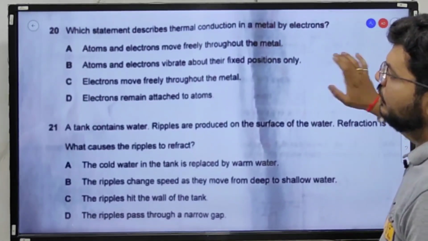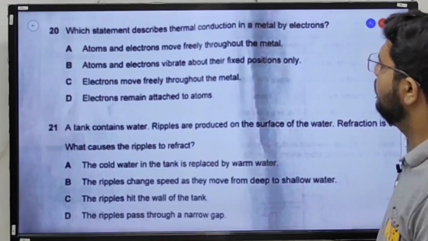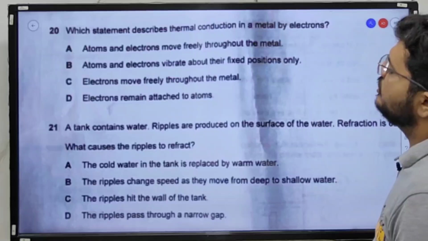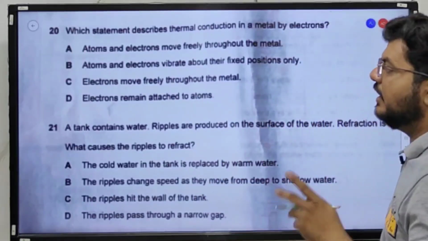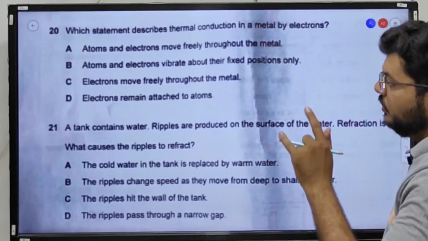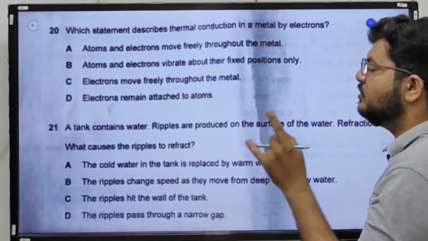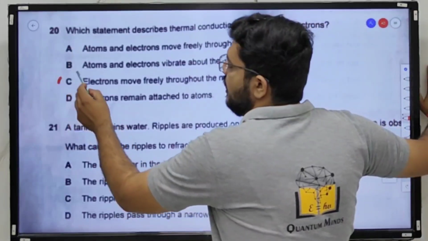Question number 20. Which statement describes thermal conduction in a metal by electrons? Atoms and electrons move freely throughout the metal? No. Only electrons can. Atoms and electrons vibrate about their fixed position only? No. Electrons can move. Electrons move freely throughout the metal? Yes, that is the correct answer.